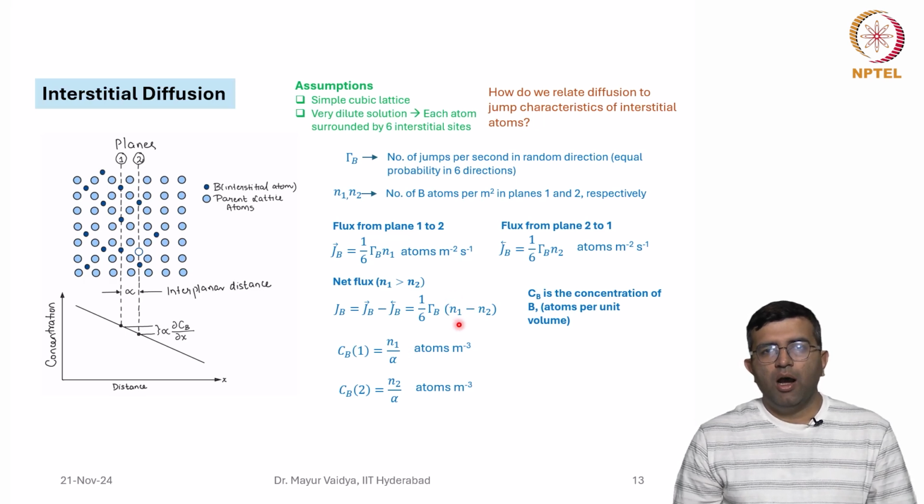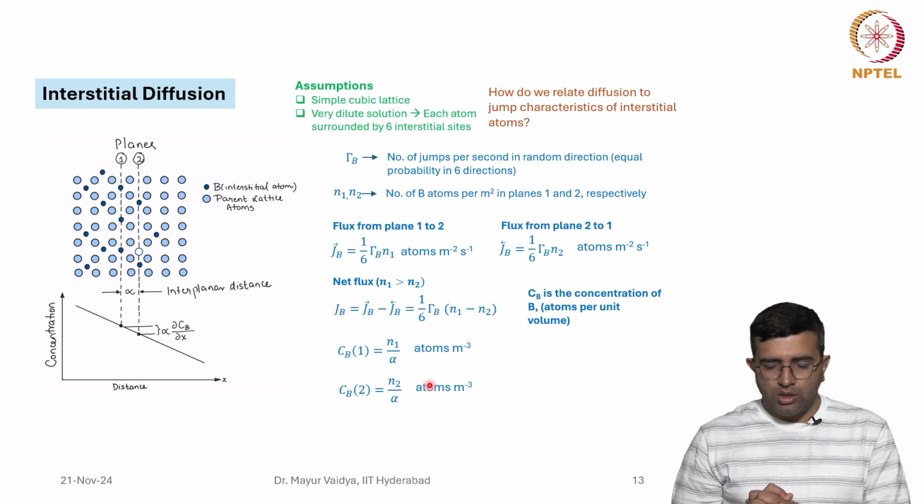Now how do I express this N1 and N2 in terms of the concentration of B per unit volume? If you think of unit cross section, then CB1, the concentration at plane 1, can be written as N1 by alpha, and the concentration at plane 2 can be written as N2 by alpha, because concentration is atoms per meter cube.